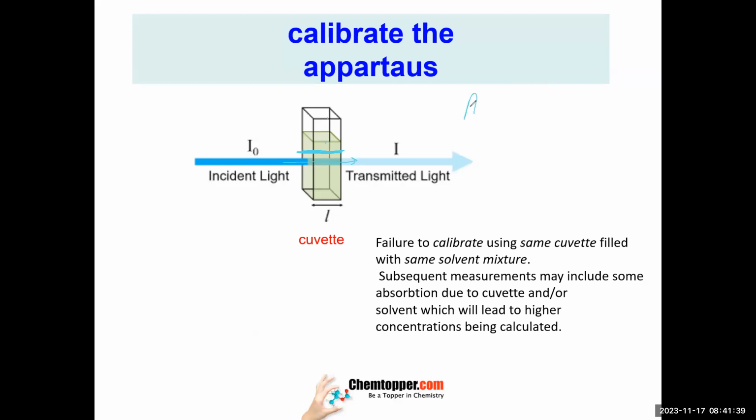Because I'm using only this particular part and it is not affected. Light is still traveling through the same length. Whether you fill it up to the brim or up to here, no error. But if I fill it only up to here, will there be any absorbance? No. In that case, absorbance will be zero.